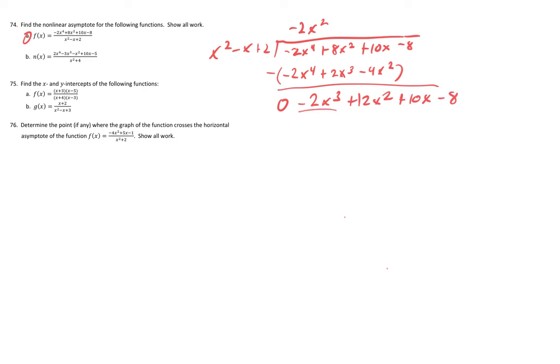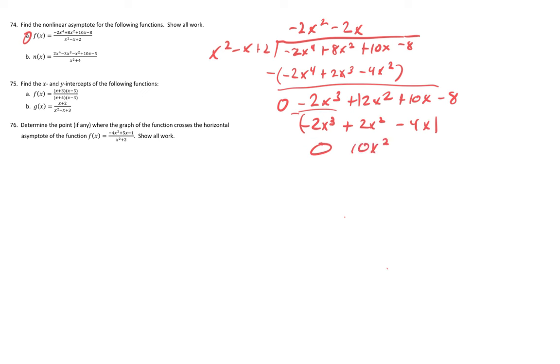Now we're going to say, what do we need to get negative 2x cubed? That'd be negative 2x. So negative 2x cubed plus 2x squared minus 4x, and then we'll subtract that off.